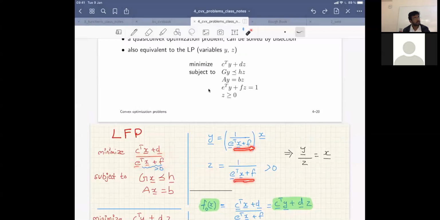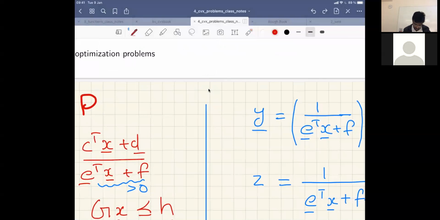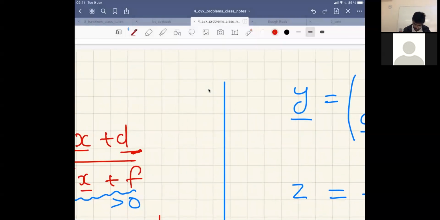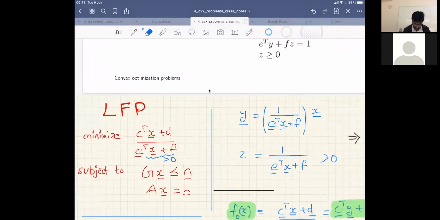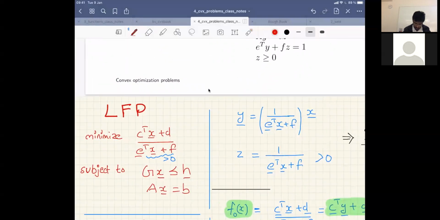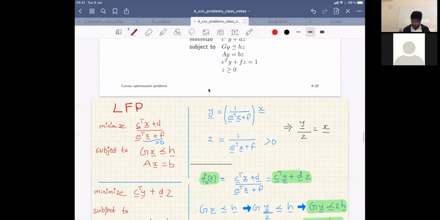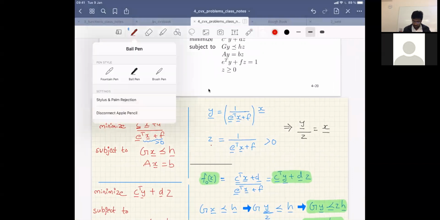This is a scalar. Yes, y is a vector and z is a scalar.